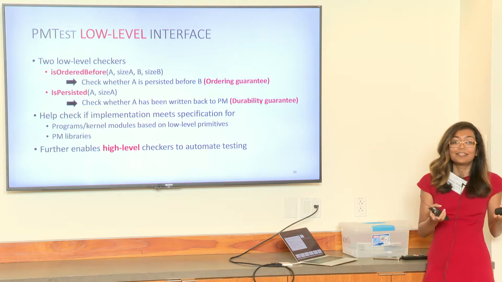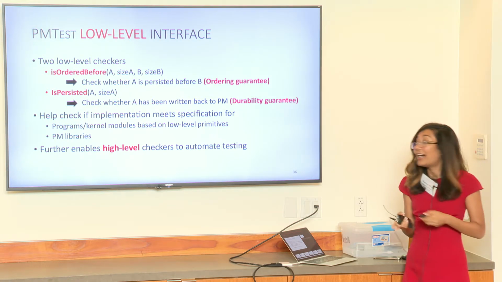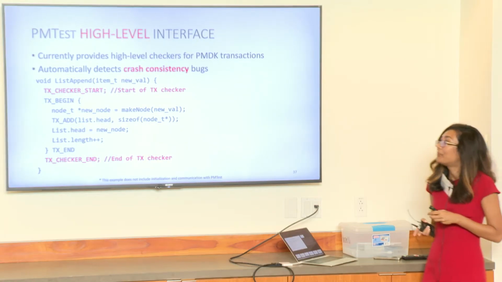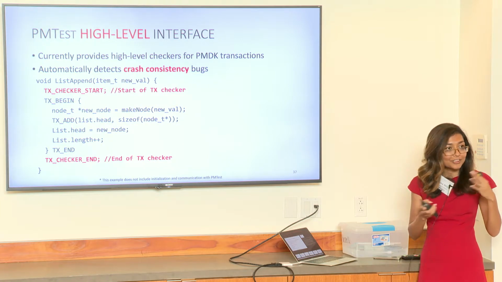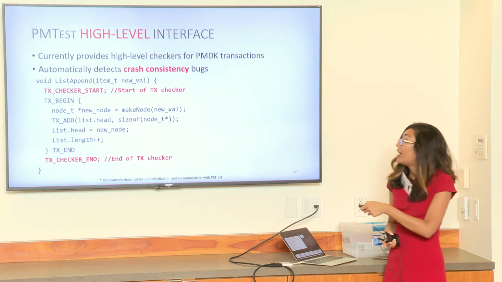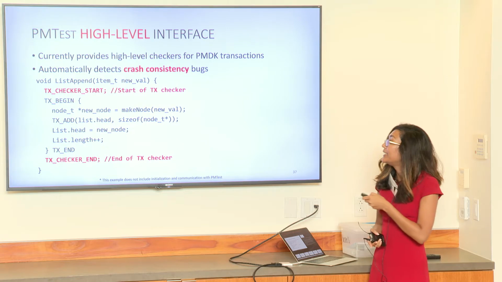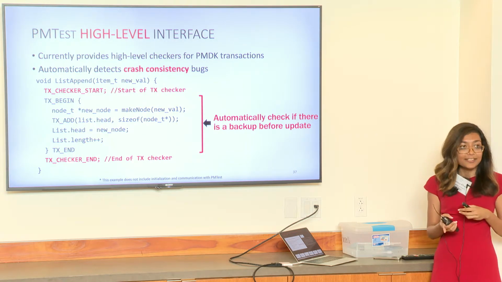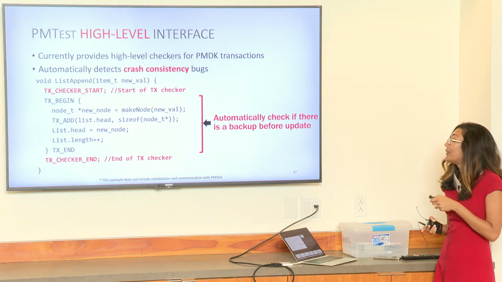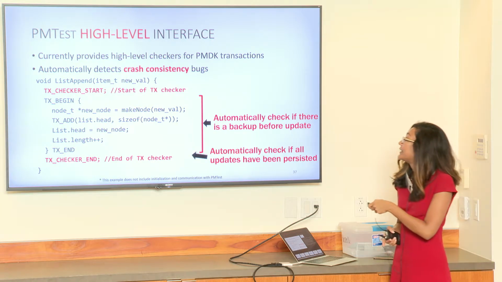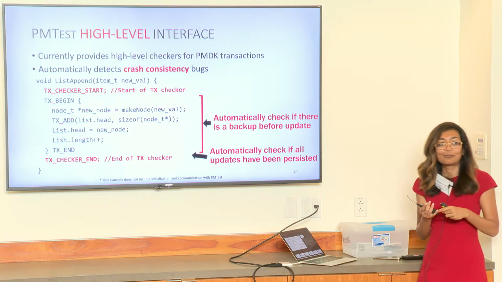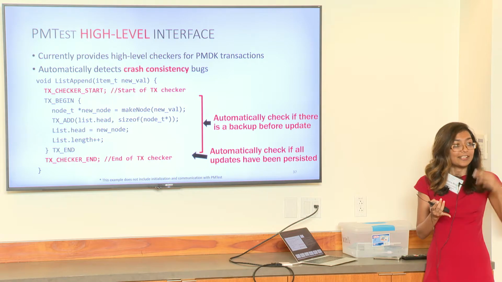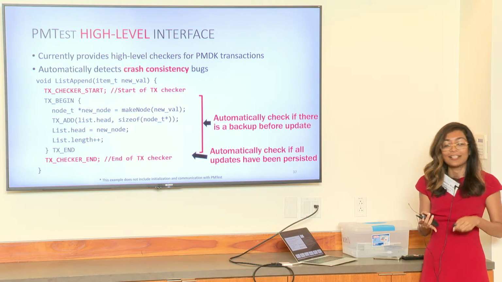The other benefit is that it also enables the high-level interface, which is related to the transactional library. With transaction begin and end, we automatically inject the low-level checkers and make sure that things that are supposed to be backed up are backed up, and that everything updated within the transaction has been persisted.